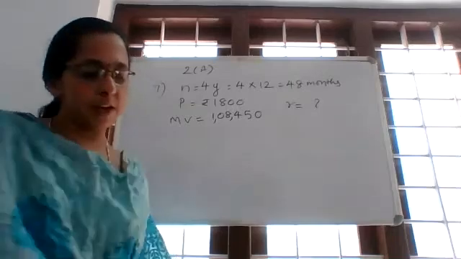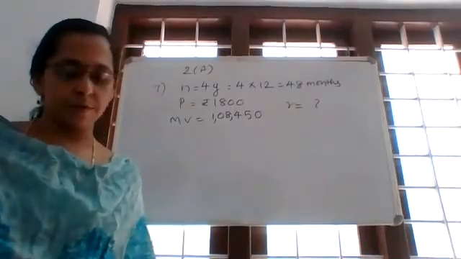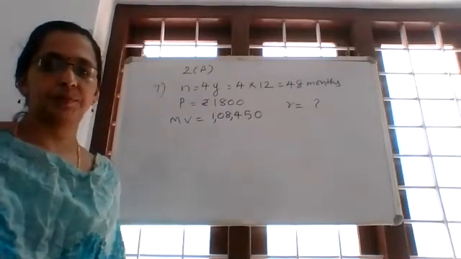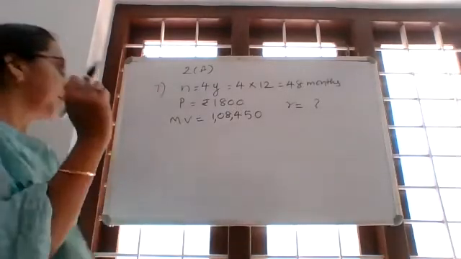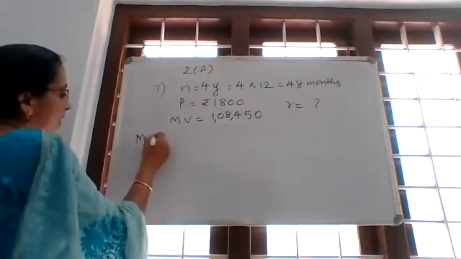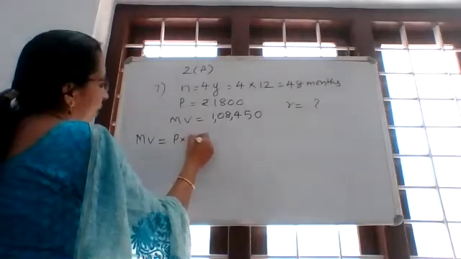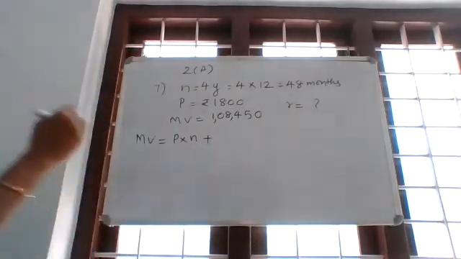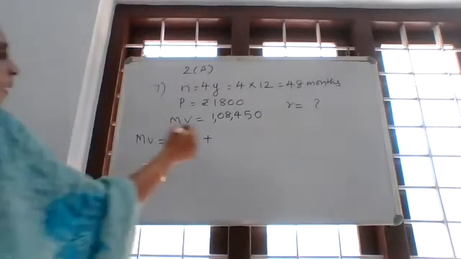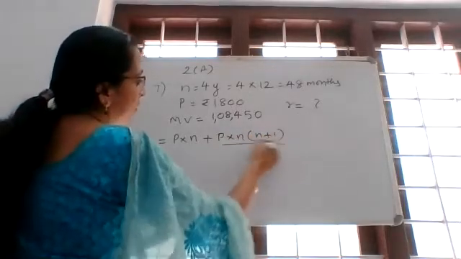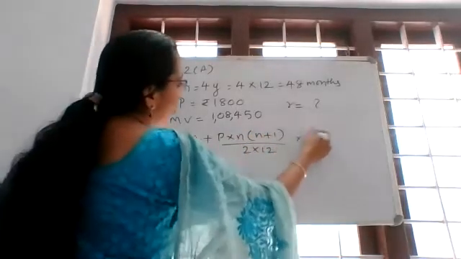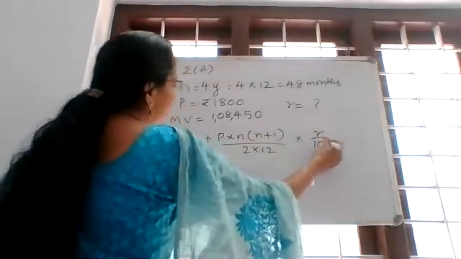So what is the formula for finding the maturity value? Write the formula. MV is equal to P into N plus P into N into N plus 1 divided by 2 into 12 into R by 100.